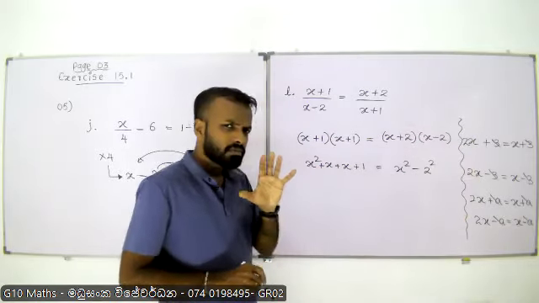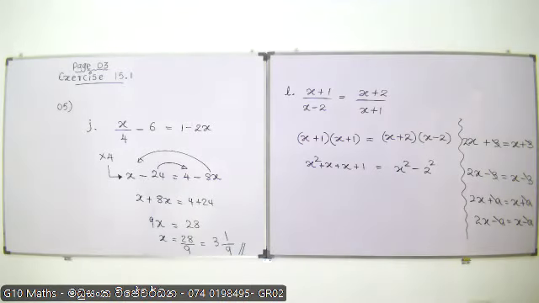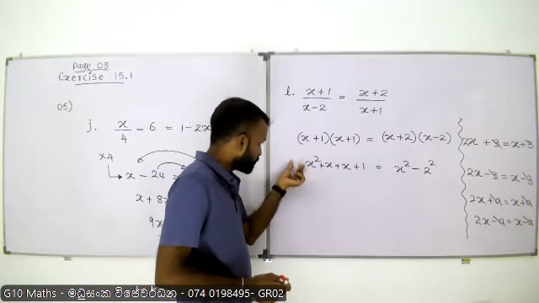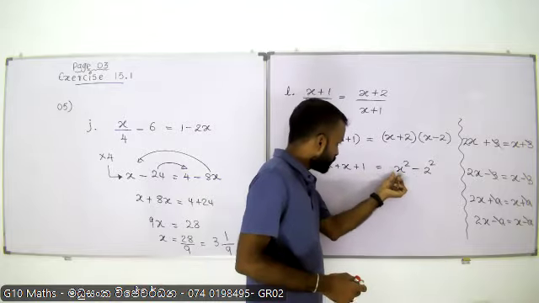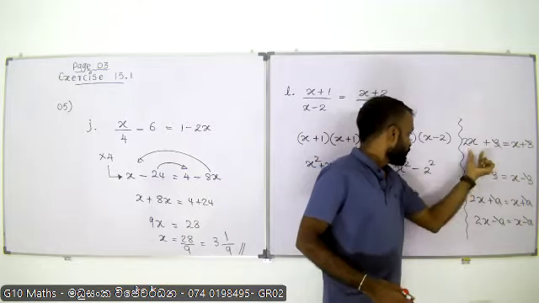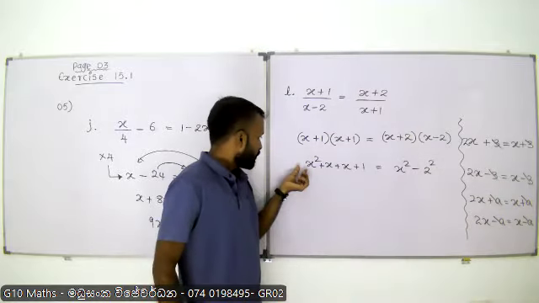Can you see something like this here? What can you say about this positive x to the power 2 and positive x to the power 2? It's something like this way: plus a, plus a, negative a, negative a.